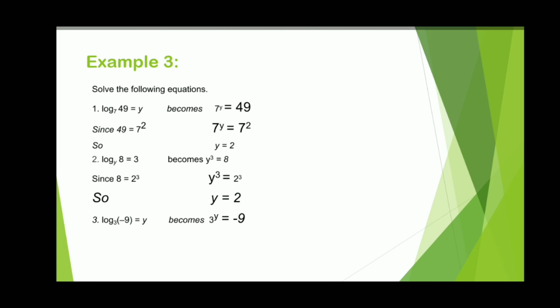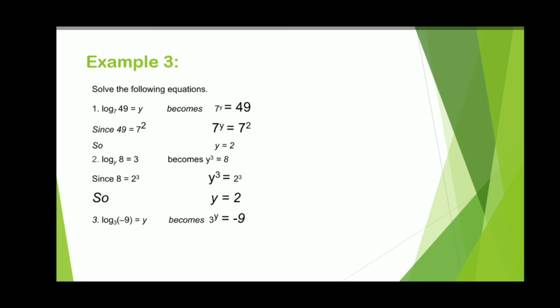So what is the multiple of 49? 7 with the exponent of 2, 7 times 7 equals 49. So the answer here is y equals 2, because we remove the 7s. The remainder is y equals 2. That's the answer to number 1.